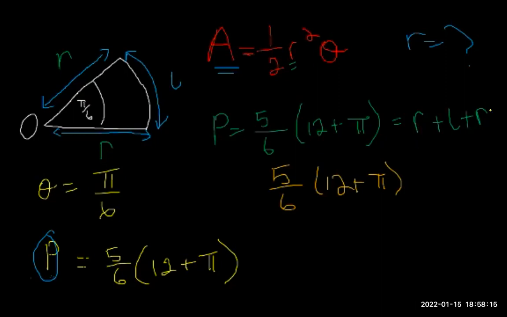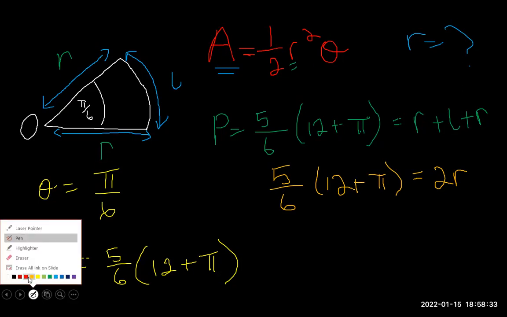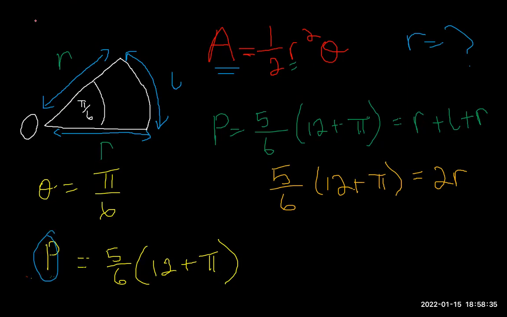Instead of writing R plus R, I know R plus R is 2R. L is the length of this arc. I wasn't given the length of the arc, but I do know a formula to find the length of the arc when my angle is in radians. L is equal to r theta.